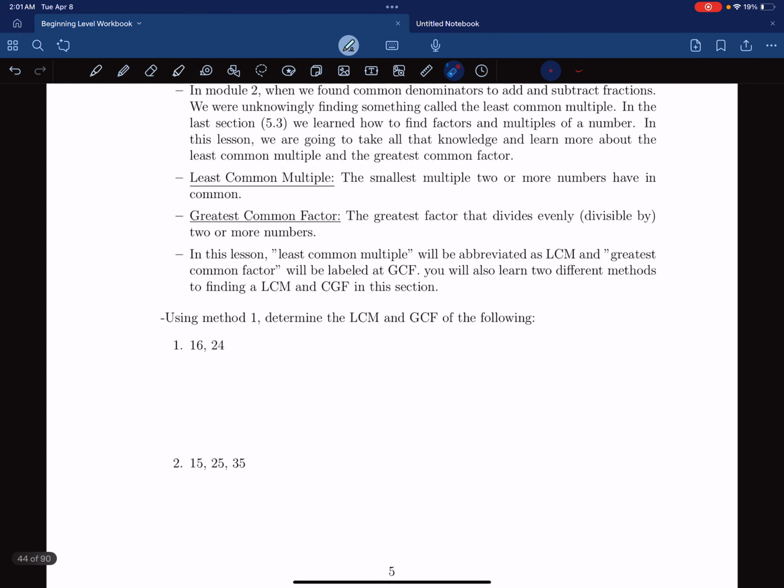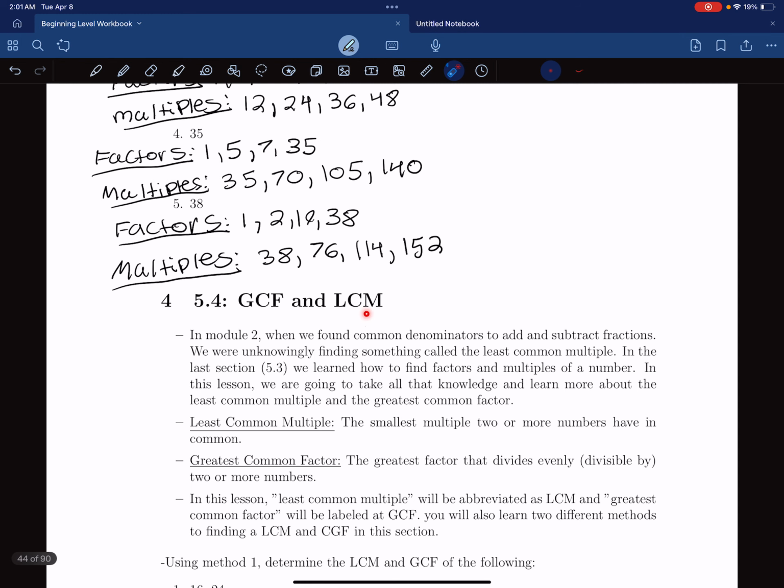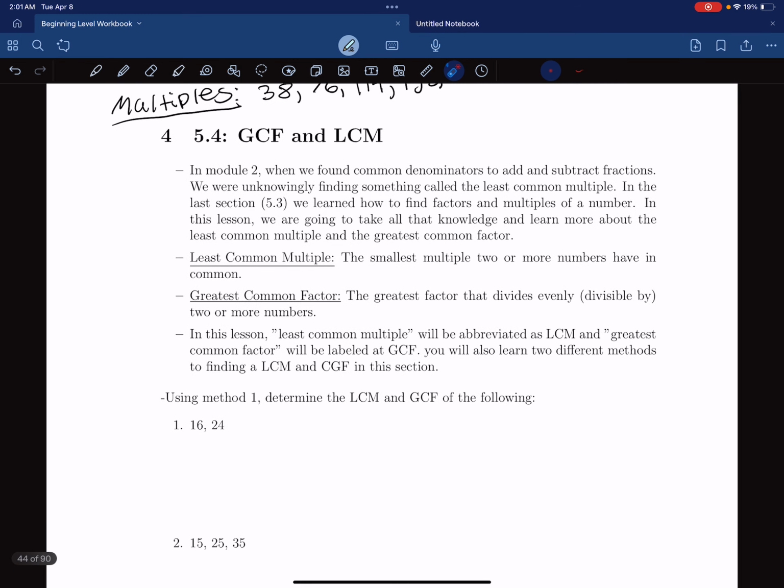And then just a quick note before we get through some problems. In this lesson, the least common multiple will be abbreviated as LCM, and the greatest common factor will be labeled as GCF. So as we've seen here, this means least common multiple and greatest common factor. And then we will also learn two different methods to find a least common multiple and greatest common factor.